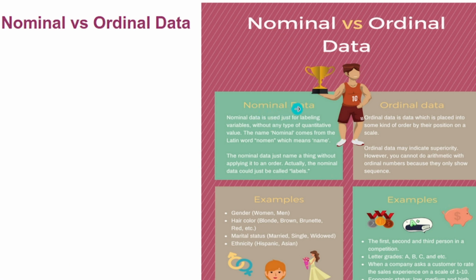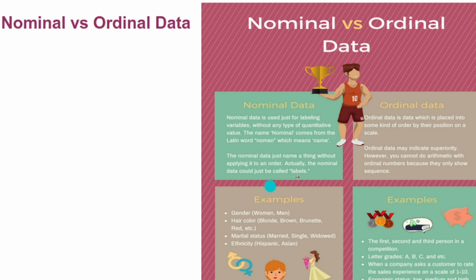Nominal data is mainly used for labeling the variable, without any type of quantitative value. The word nominal comes from the Latin word nomen, which means name. So with nominal data you are just naming a particular thing without applying an order.